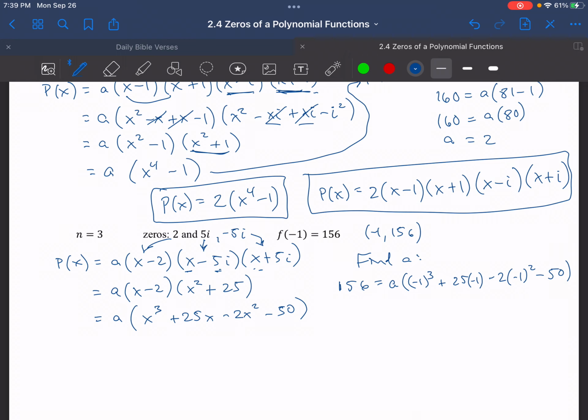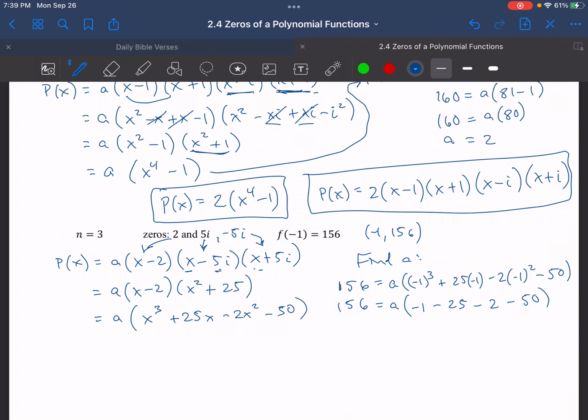And so then we just start expanding this all out. So this is 156 equals a times -1 times -1 is +1, times -1 again is -1, and then minus 25, and then minus 2 because -1 squared is a +1, and then minus 50. And so if we look at that, those are all negative numbers.